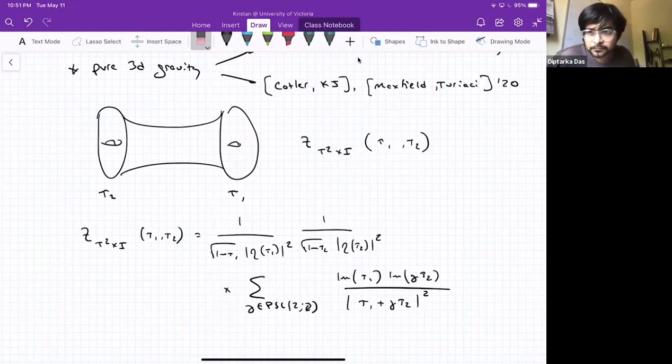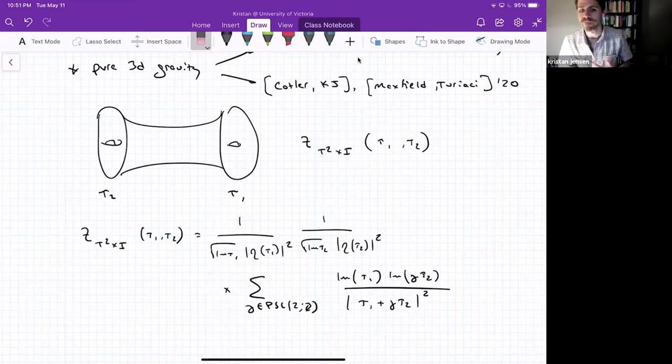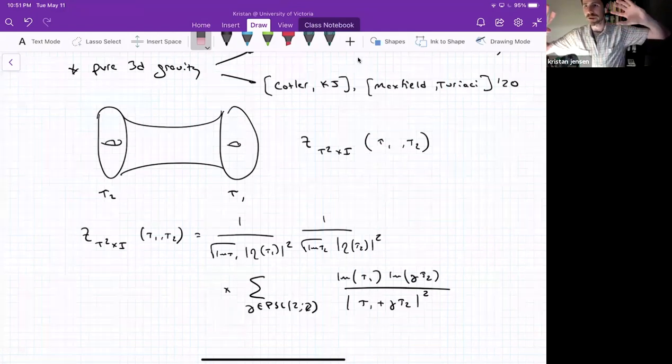Yeah, so this answer that you get, I write it down because there's a modular sum in it, which, if you're familiar with Maloney-Witten, resembles the Maloney-Witten modular sum. That's to do with the fact that you can sum over geometries where there's a relative modular transformation between one torus on one boundary and the other torus on the other.